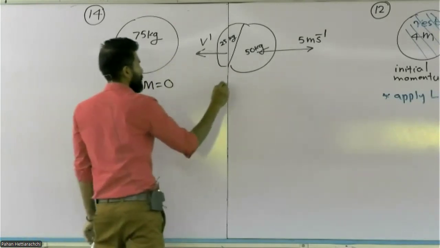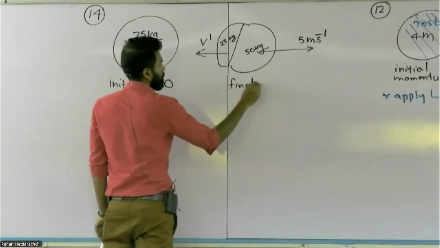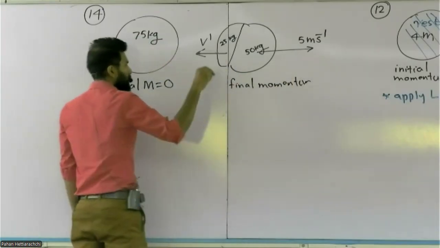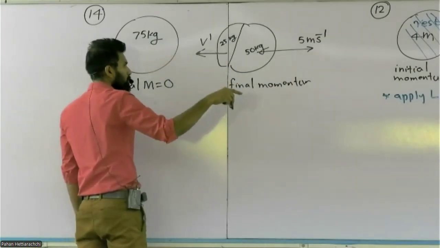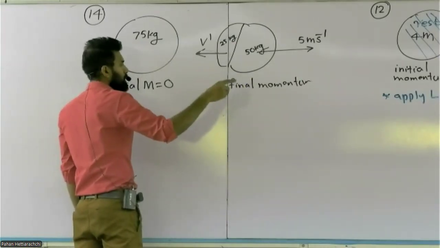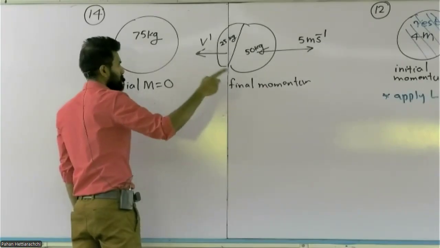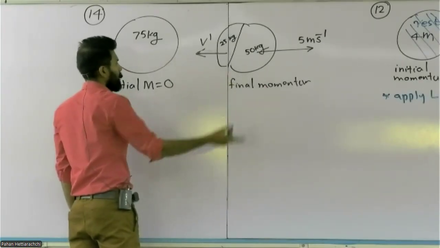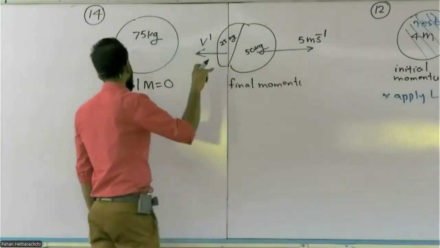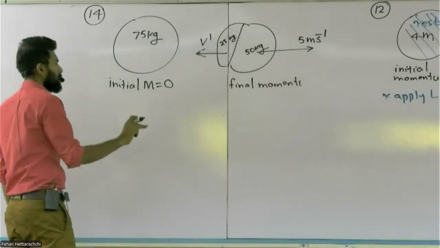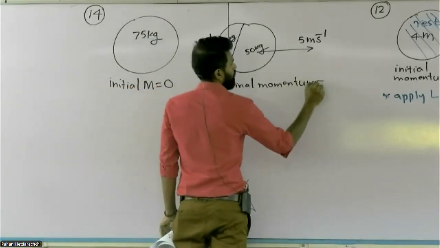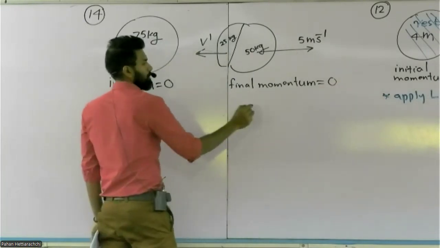From the conservation, the final momentum is also 0. If there's a value for the initial momentum and it is conserved, you will have the same value for the final momentum. If the initial momentum is 0 and it is conserved, you will get 0 for the final momentum also.